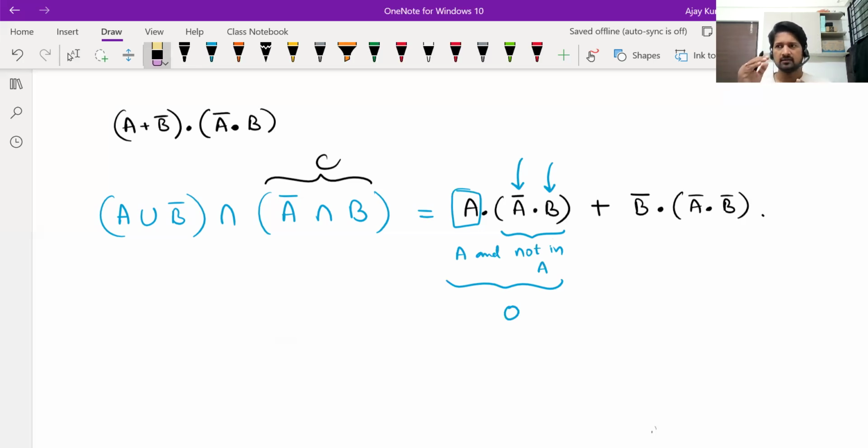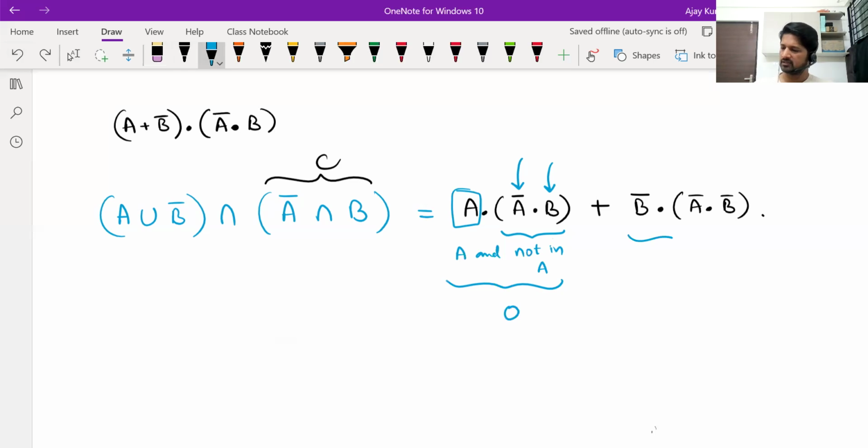A bar means elements which are not in A. Dot B means those elements which are in B. So elements which are not in A but in B, that is the output of A bar dot B. If you take AND with A now, effectively you will be doing A and elements which are not in A. Then the intersection will be 0.